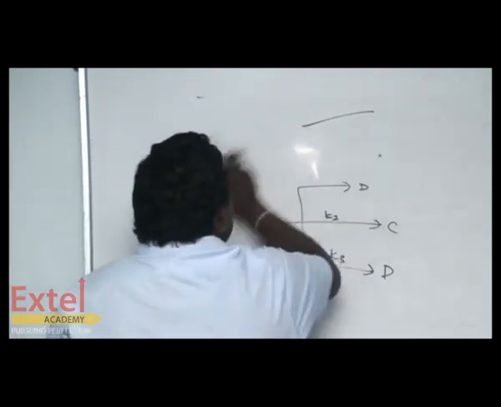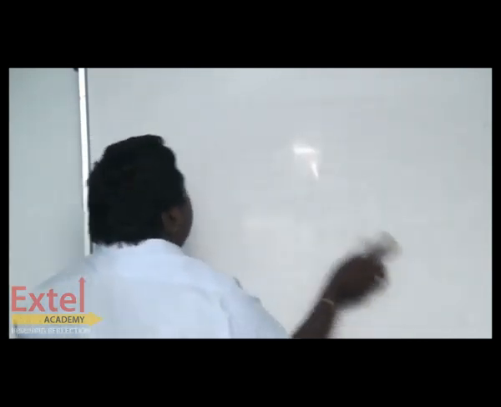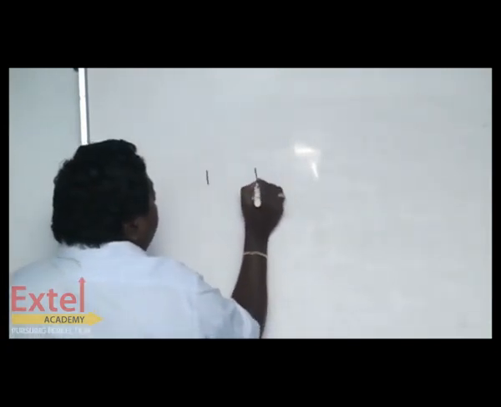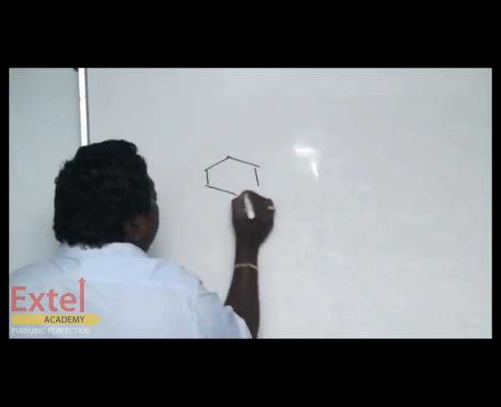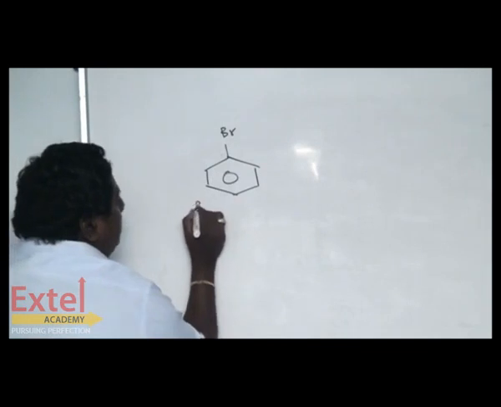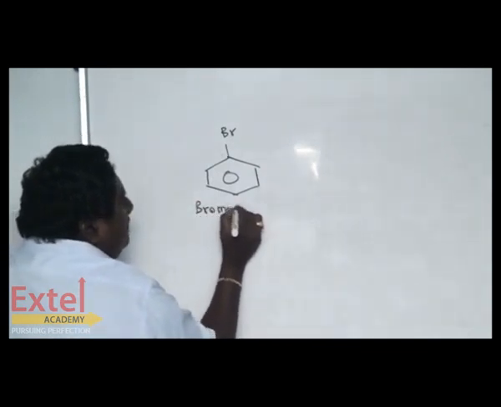The example is, let's see one example for parallel reaction. Suppose this is bromobenzene. One benzene having Br is called bromobenzene.